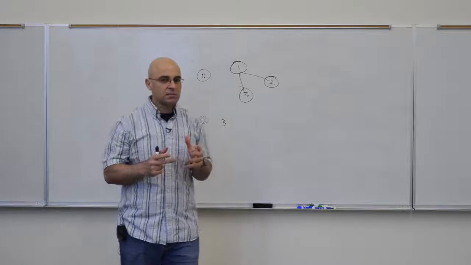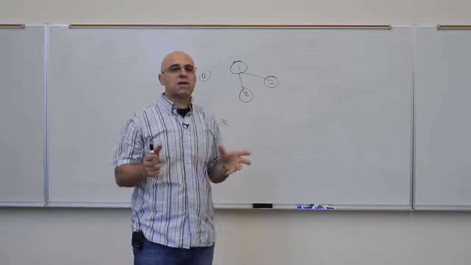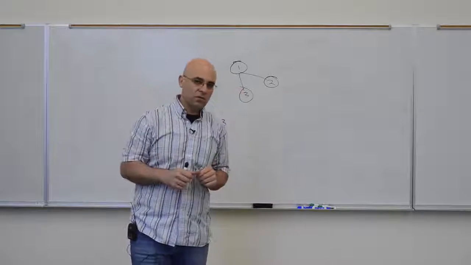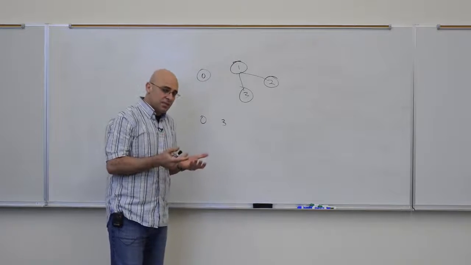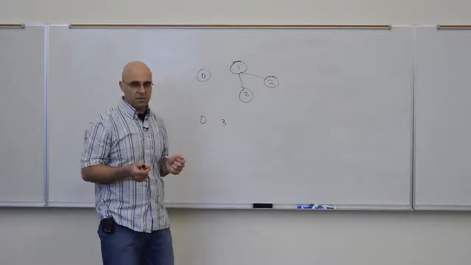So the question is, where do we stop? When do I stop and say, no, there is no path of a finite length, or that the distance between 0 and 3 is infinity?